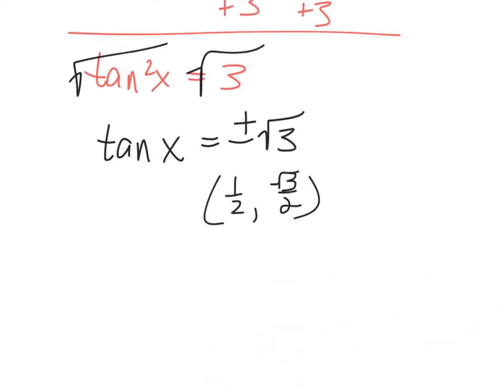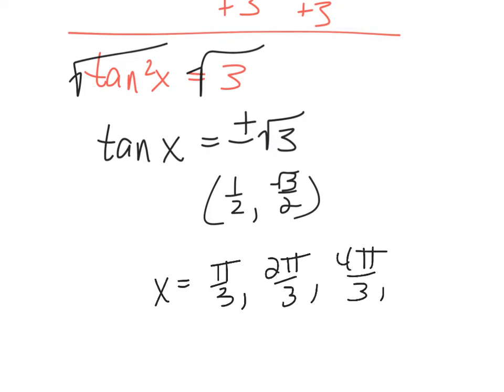Okay. Let's pretend we're still given a specific interval. Tell me all the places on the unit circle where the ordered pair is 1/2 comma root 3 over 2. Pi over 3. 2 pi over 3. 4 pi over 3. How much? Is it 5 or 7? 7. 1/2 comma root 3 over 2.